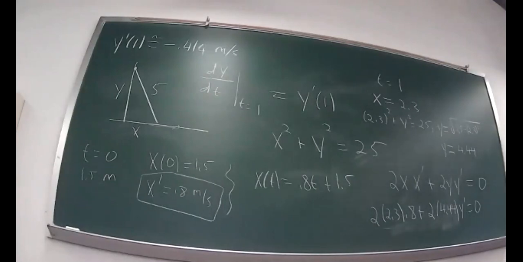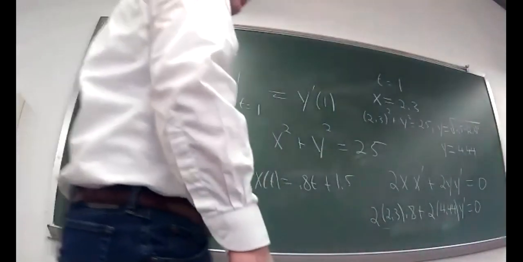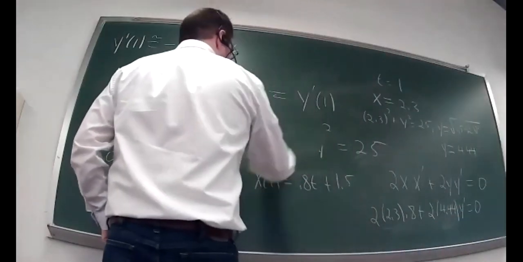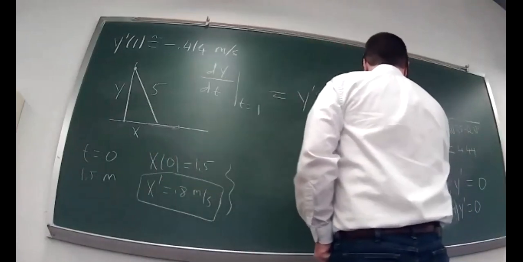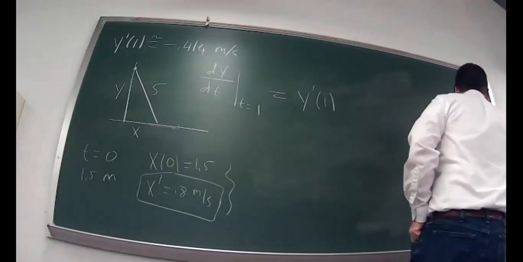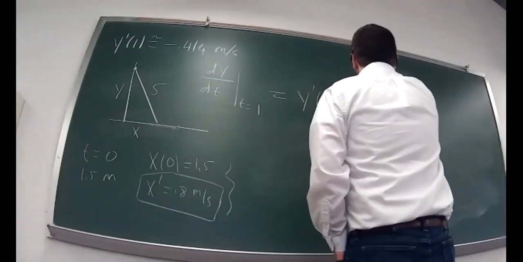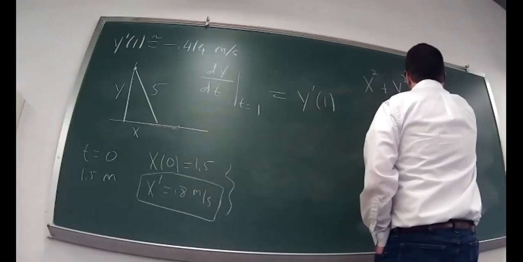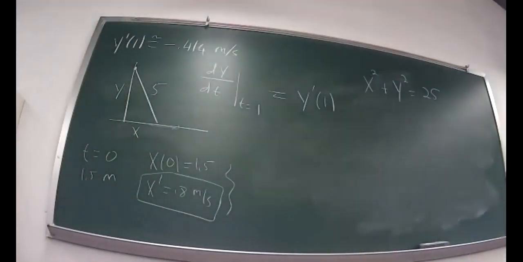So I want to show you how to do this actually another way that's similar but not exactly the same. So we used implicit differentiation. We wrote down the equation x squared plus y squared equal to 25, and we differentiated that with respect to time.